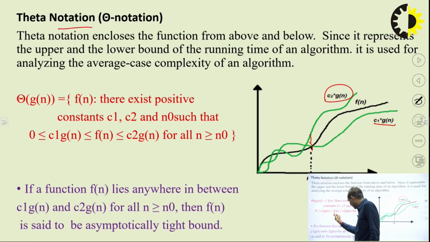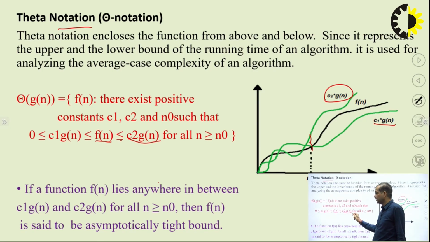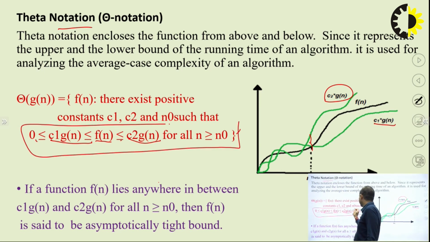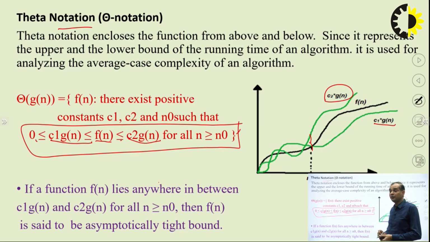The function f(n) is less than or equal to c2 of g(n) and greater than or equal to c1 of g(n) for all values of n greater than n0. So how can we draw the graph? As I discussed earlier, we make a graph and define it using the notations. These are the basic notations.